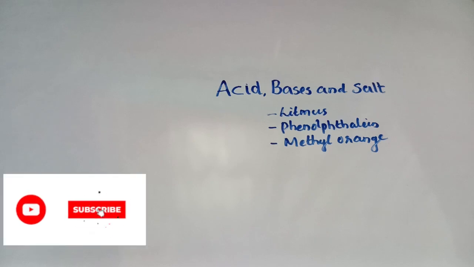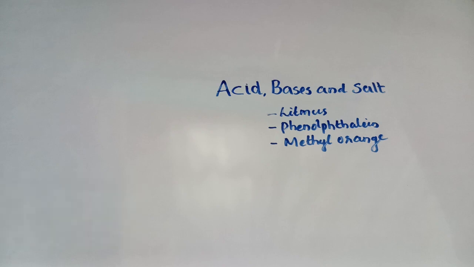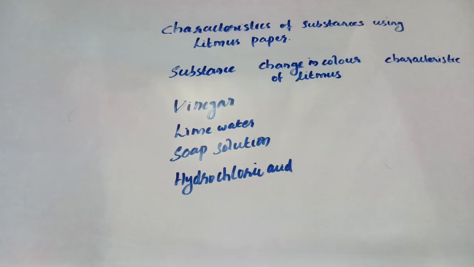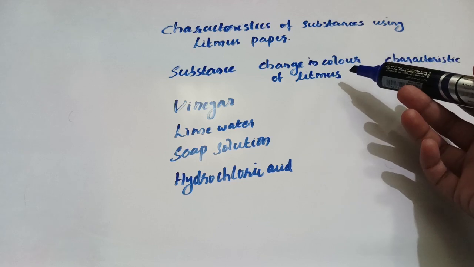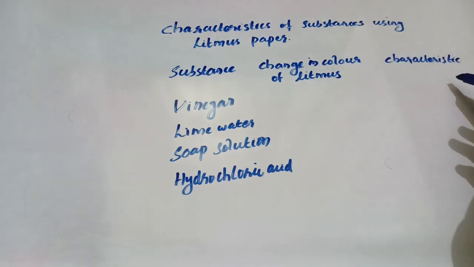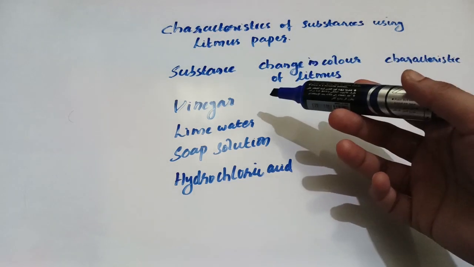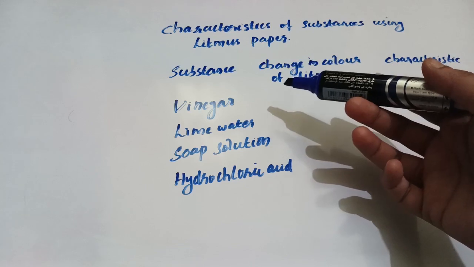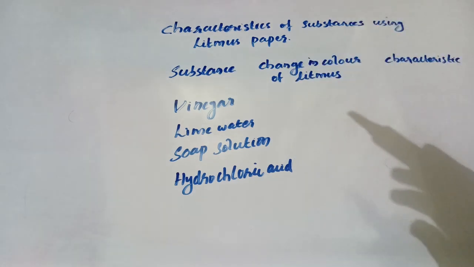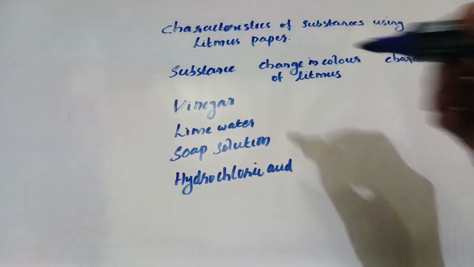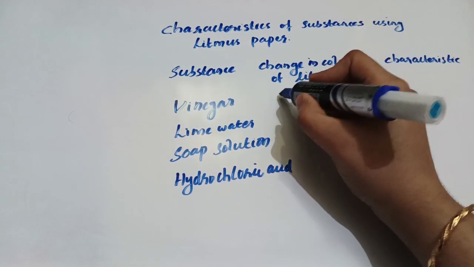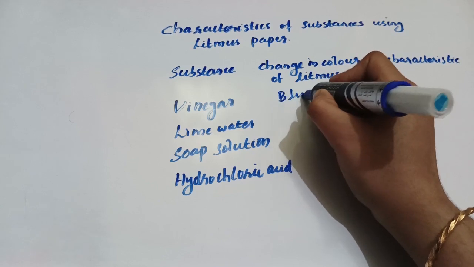Before that, we can look at the characteristics of the substances given in the table by using litmus paper. Okay, we can look at the substances, the change in color of litmus and the characteristics. First substance is vinegar. What happens to vinegar if it is dipped in litmus paper? Here, blue litmus paper turns to red.